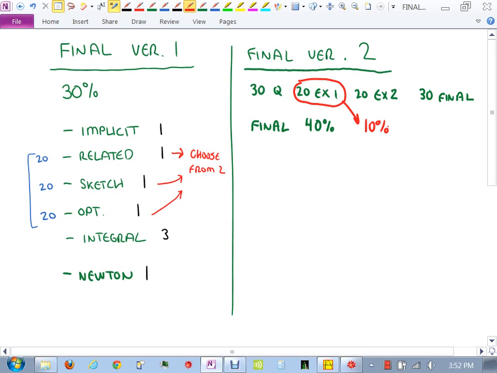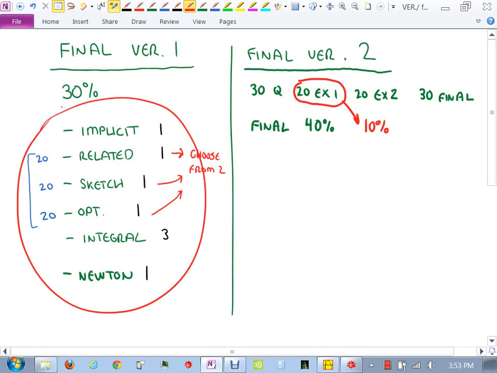Version 2 is going to be different because version 2 can include anything. It'll be this with material from exam 1 and exam 2 also. So the weights are all different. Usually everyone gets the same test when you walk in. So everyone will get this.